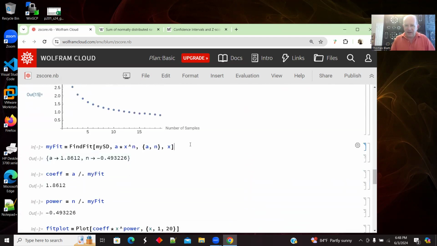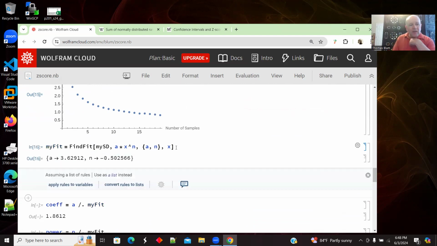So you get the idea. Now I'm fitting that data to a power law here. I'm doing a FindFit. I have my data and I'm comparing it to a power law form, and I'm going to find a and n as parameters. The variable is x. And there we see this first number depends on my original normal distribution and its standard deviation.